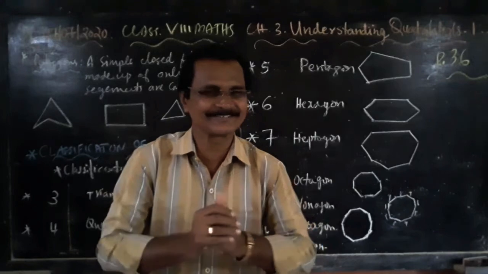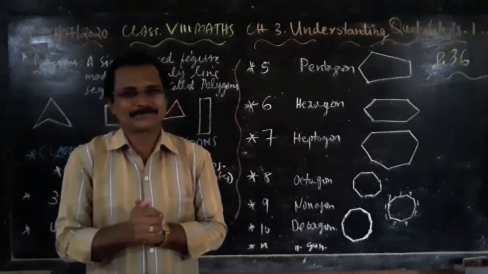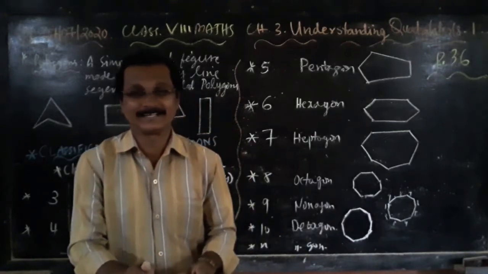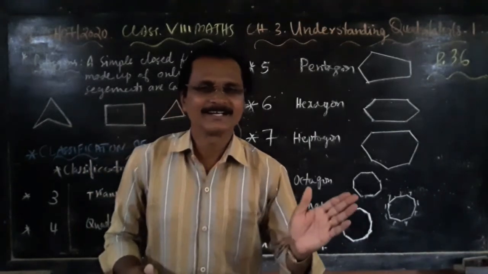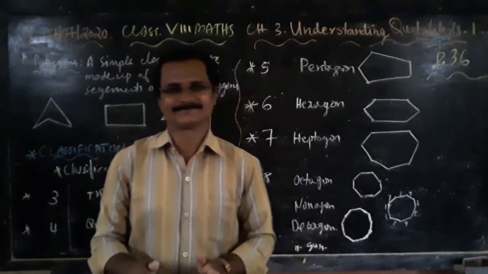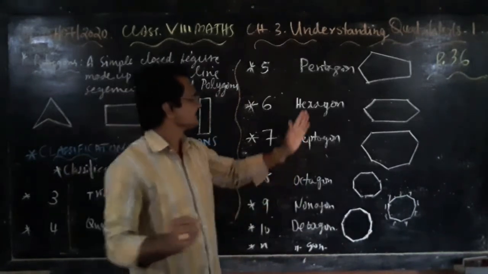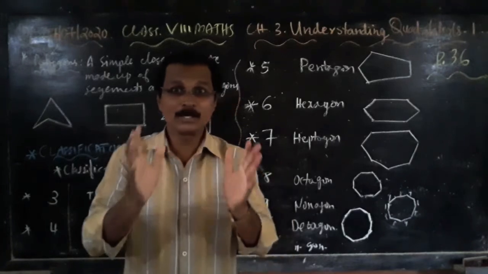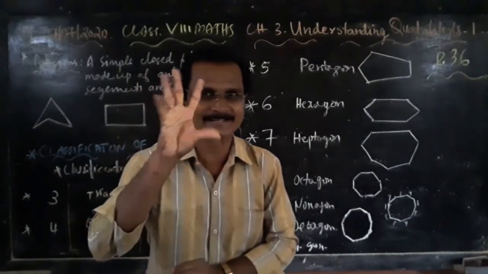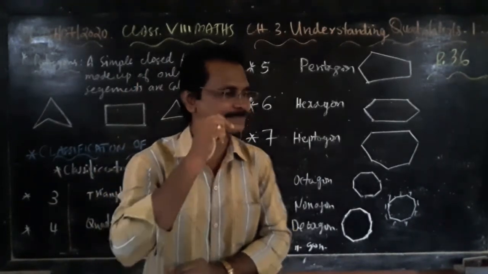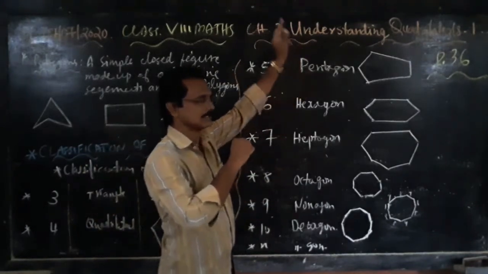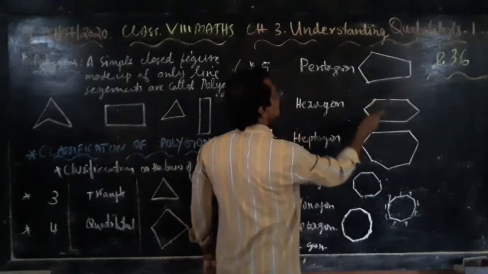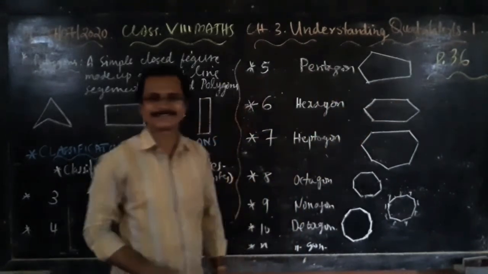The American Defense Center headquarters is also known as Pentagon. Here, in our classification of polygons, a polygon with 5 sides, 1, 2, 3, 4, 5 sides, is called a pentagon.